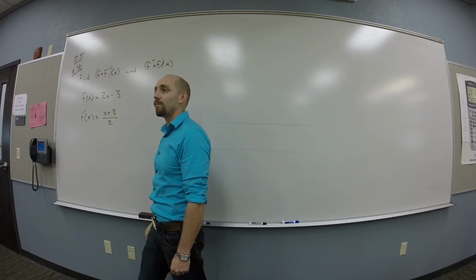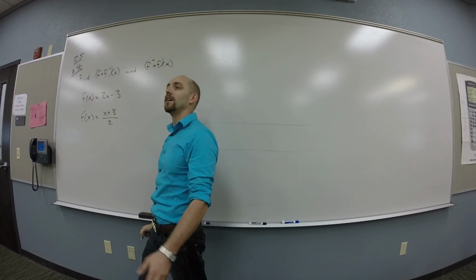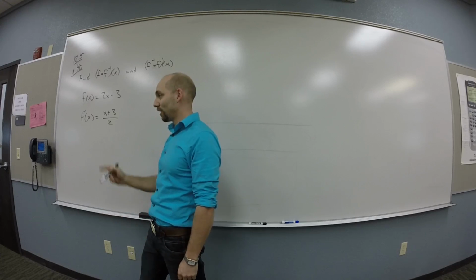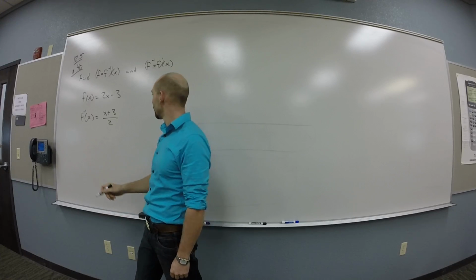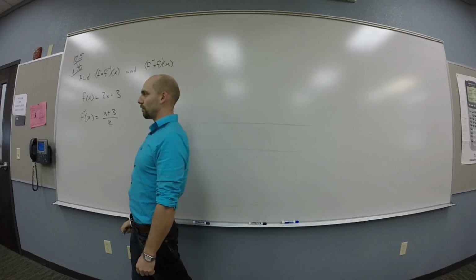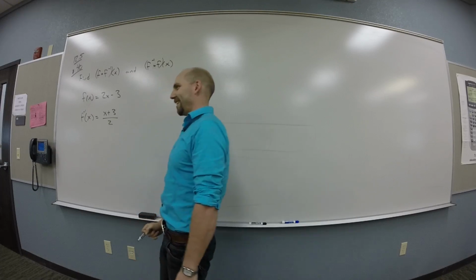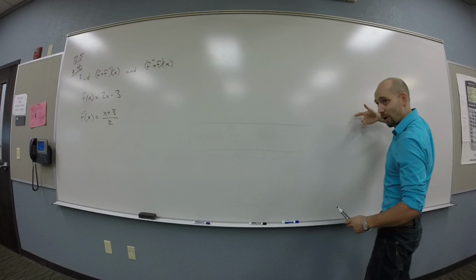Okay, so this problem is actually really easy. When we talked about inverse functions, in 11.2, the one where we had the piece of glass and we flipped it over.